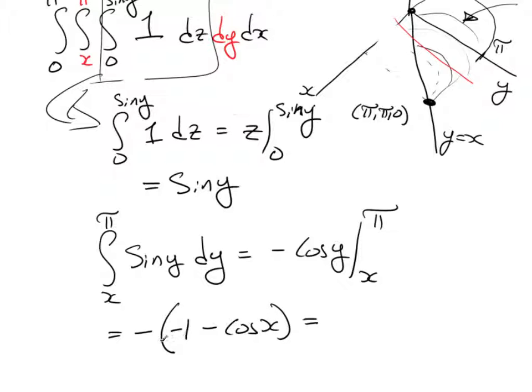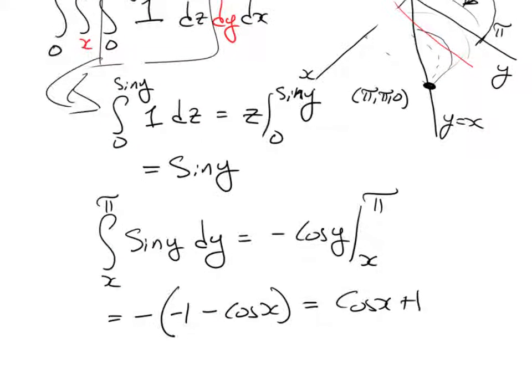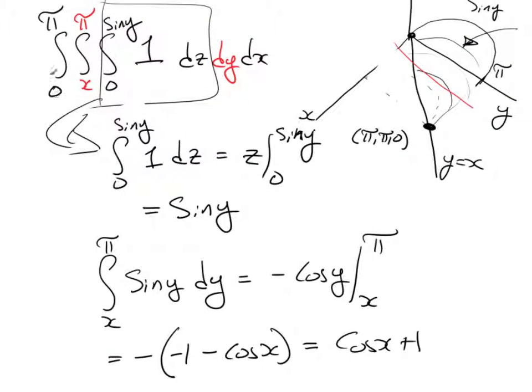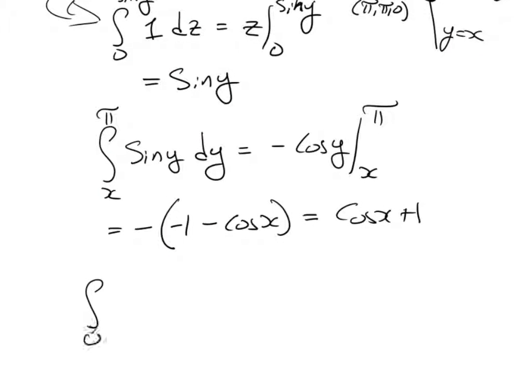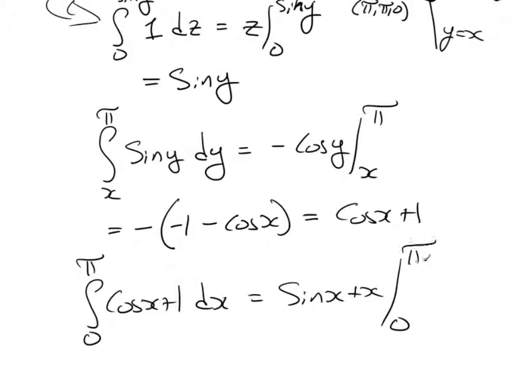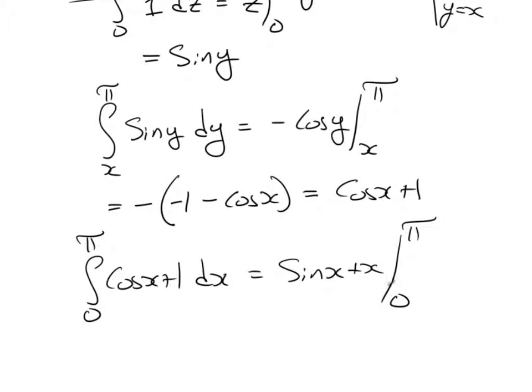So I'm going to have cosine x plus 1. And this last integral was from 0 to pi of cosine x plus 1 dx, which is sine x plus x from 0 to pi. Sine of pi and sine of 0 are both zero, so I'm going to end up with simply pi.